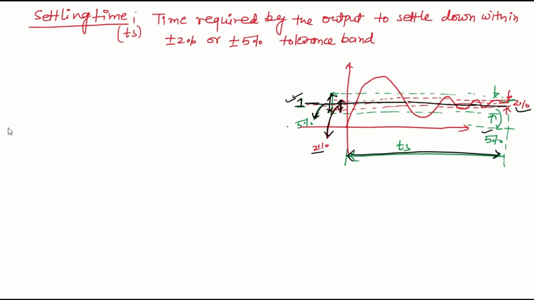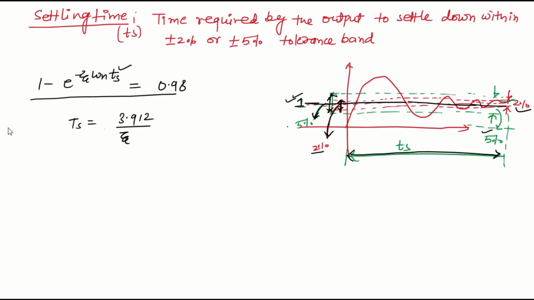So we will derive the value of settling time by assuming that the response is purely exponential, like 1 minus e raised to power minus zeta omega n into t, and at t equals Ts, the value is within 2% of the final value, so it comes out to be 0.98. Now with this equation we can calculate the value of Ts by taking log on both sides. So the final value comes out to be approximately 3.912 divided by zeta omega n.